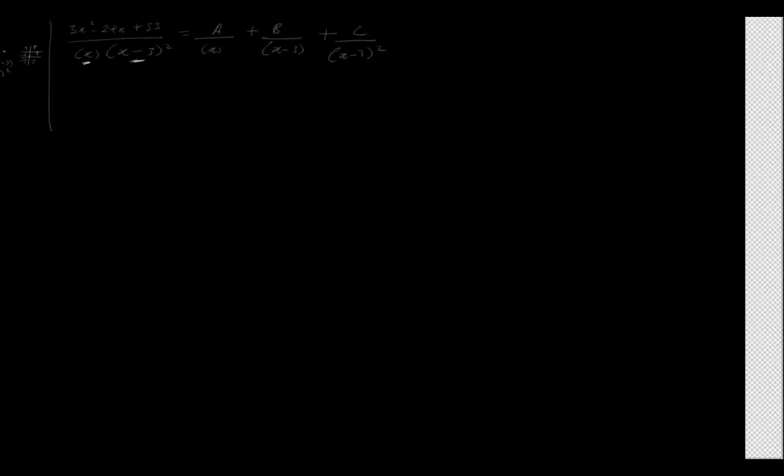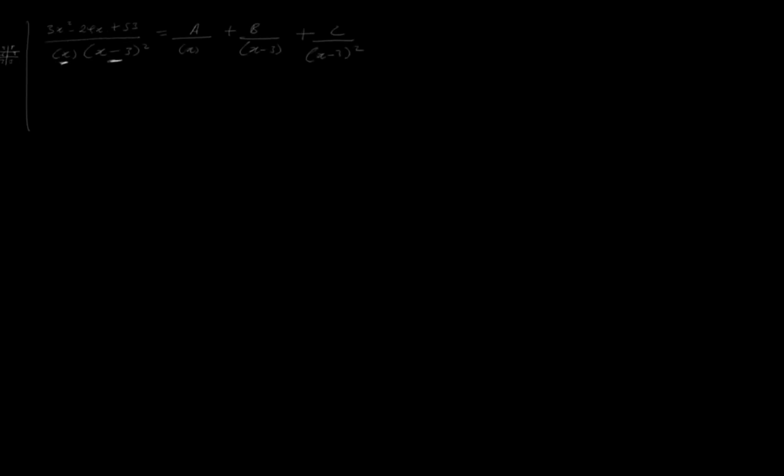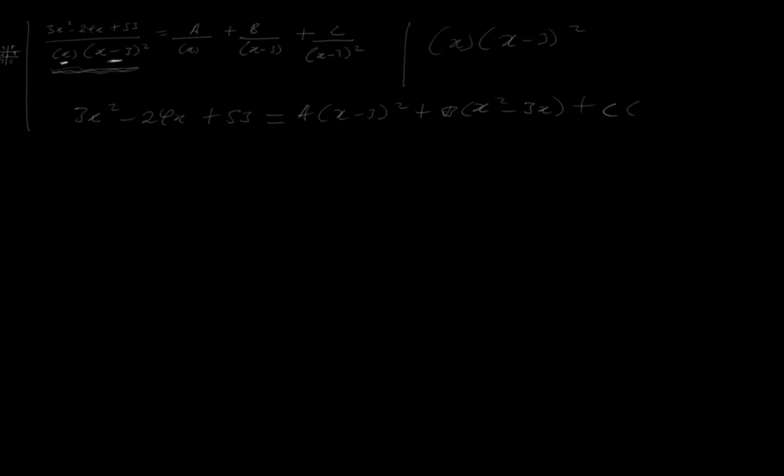Then after that, all you have to do is multiply everything by the denominator that you had. So if you multiply everything by x times x minus 3 squared, you'd find that here you maintain 3x squared minus 24x plus 53, and it will be equal to, if you simplify, a times x minus 3 squared plus b times x squared minus 3x plus c times x.